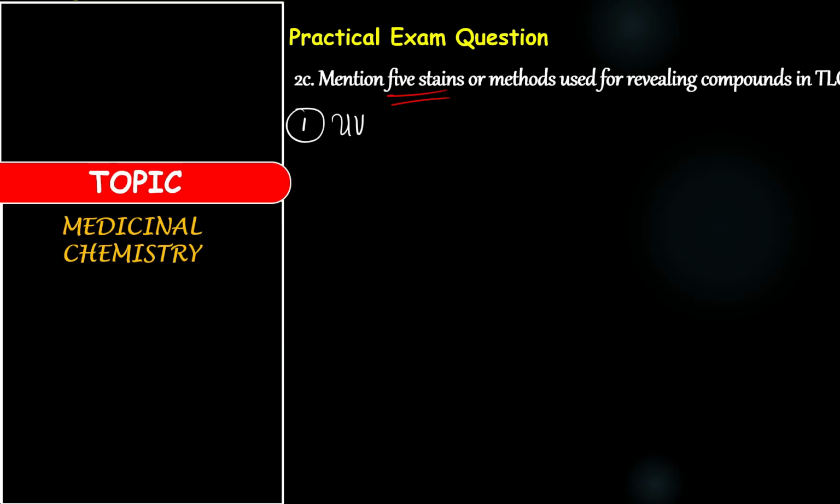Now, UV absorption by using the UV lamp. You can use the UV absorption by using the UV lamp to show dark spots for compounds. And then iodine vapor staining.